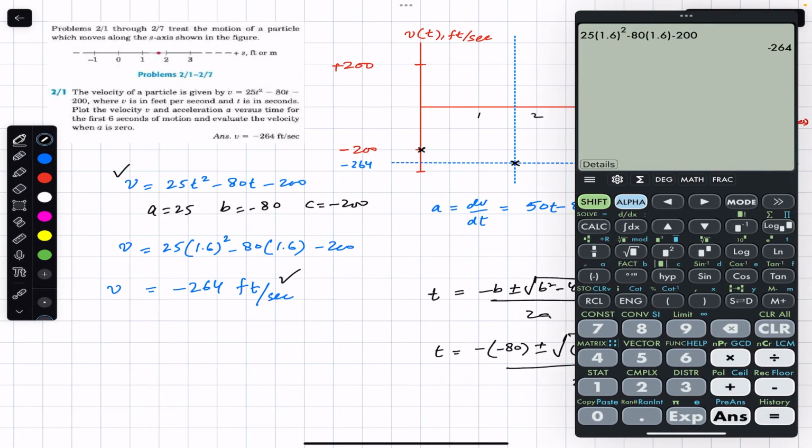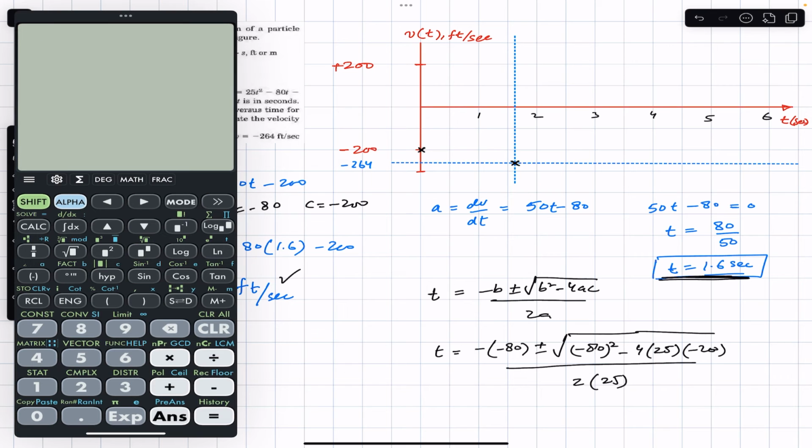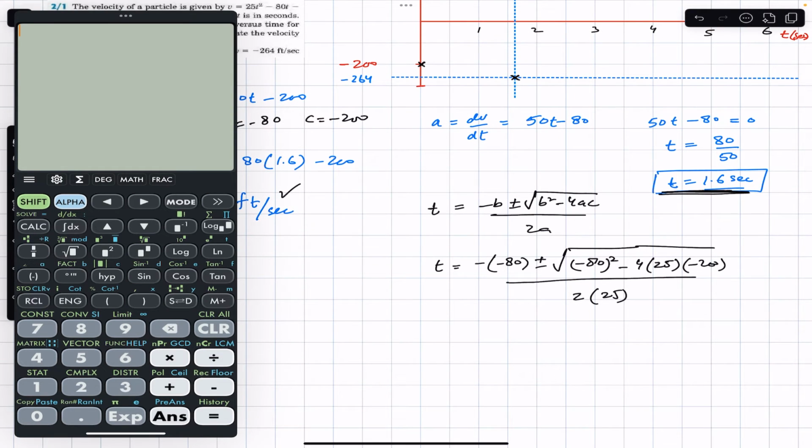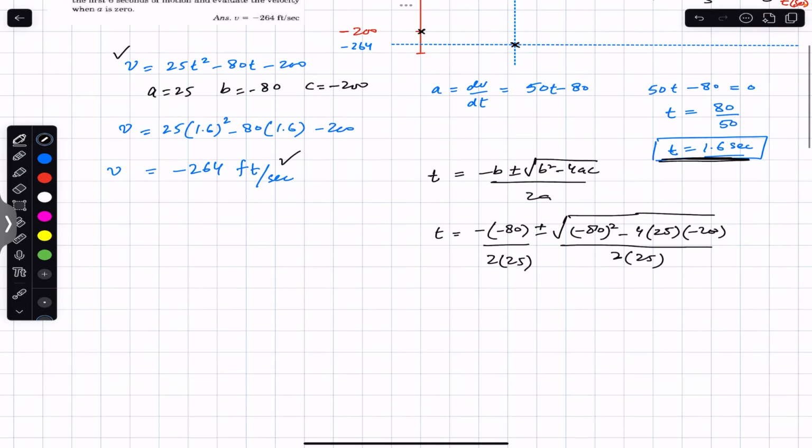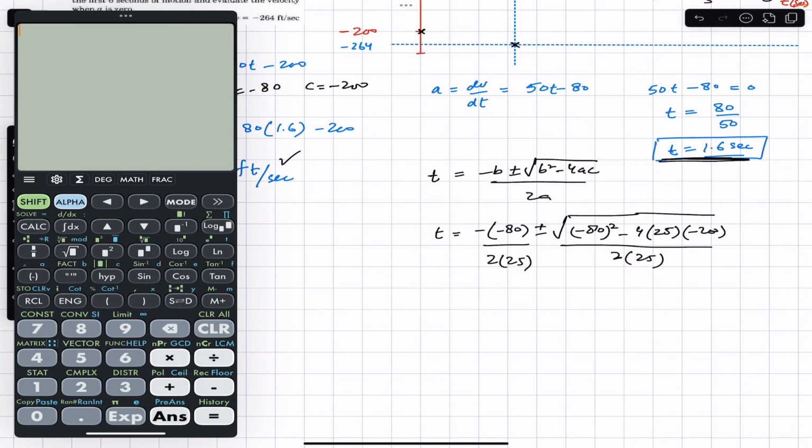We can further write this equation by dividing both of these terms by 2a, so this is 2 into 25 and this is 2 into 25. Minus into minus is plus, so 80 divided by 2 into 25 is 50.